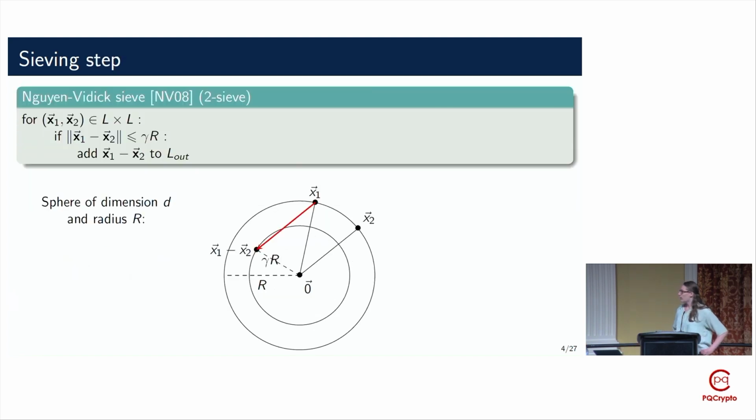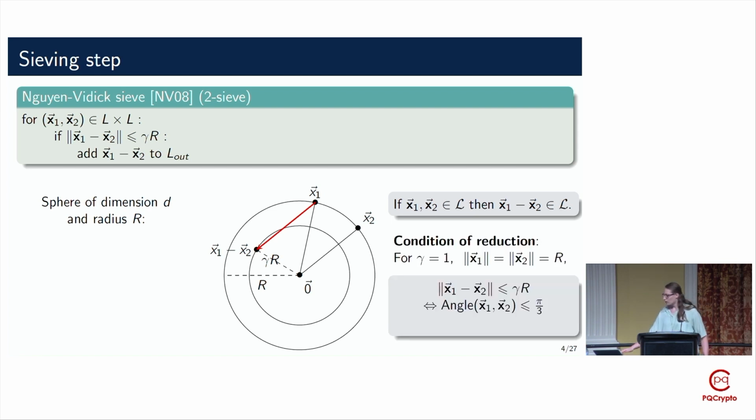So now we have to describe how we do the sieving step. The most naive way is by checking each pair of vectors in the list, and we add to the output list all the differences x1 minus x2 that are sufficiently short. x1 minus x2 is in the lattice if both vectors are in the lattice, by definition. And we have this condition of reduction.